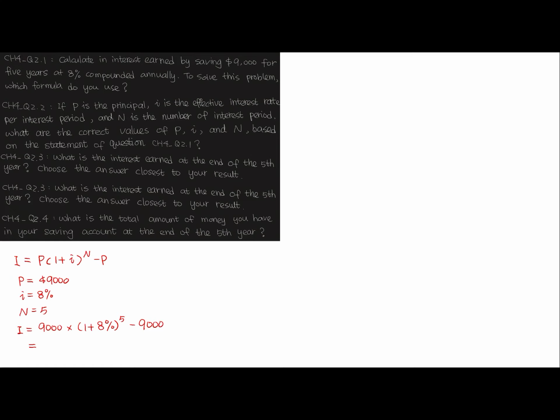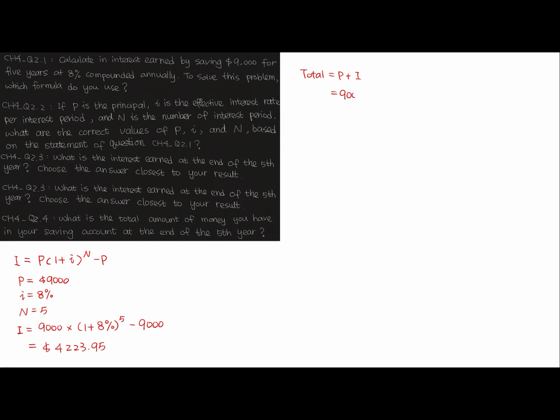And if you calculate this, you can have your interest as 4,223.95. Okay, but the other question is, what is the total you have in your saving account? And we said total amount is your principal plus the interest.